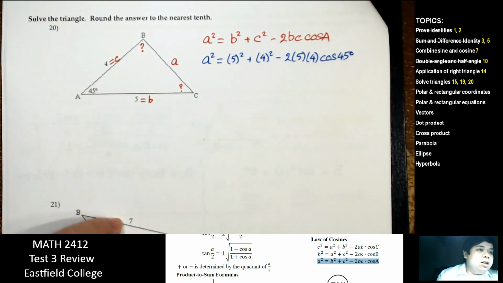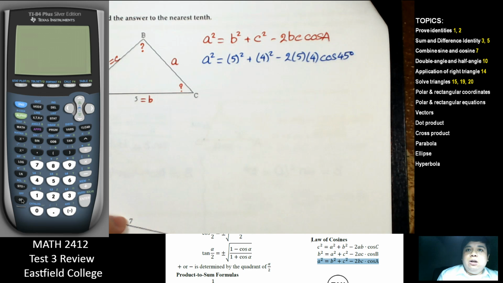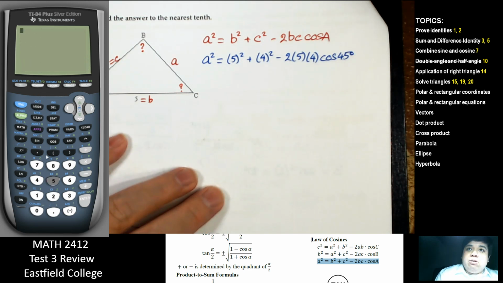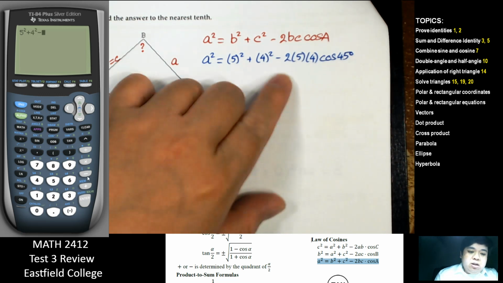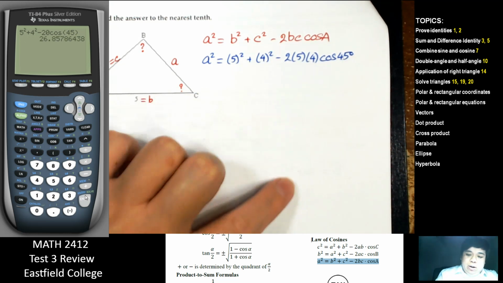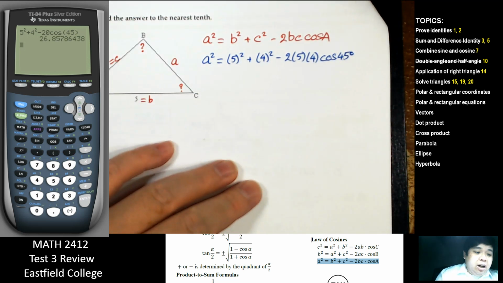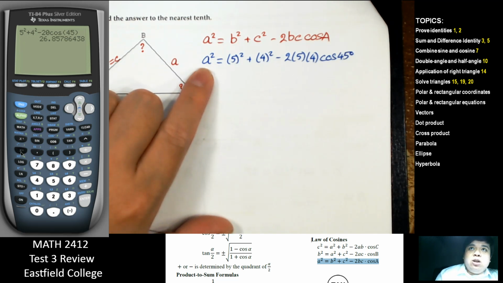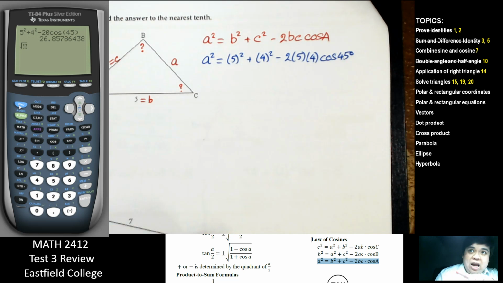Right, let's do that. Right, 5 squared plus 4 squared minus that is 20 cosine 45, at 26 point something like that. We need to take the square root, so second square root, and I want the answer, the last entry I have, so second answer. Oops. And yeah, pretty much that. 5.18.